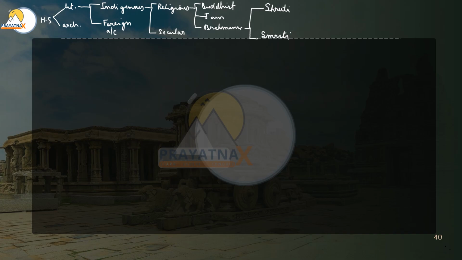Shruti meant something which was heard. Now, it was a revelation, which meant that it was of non-human origin, it was divine and eternal.